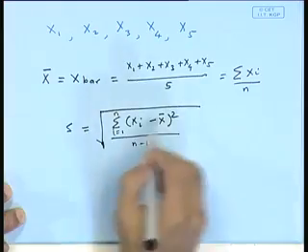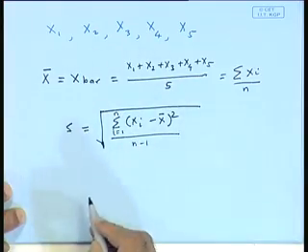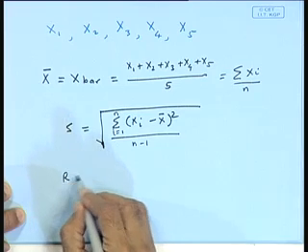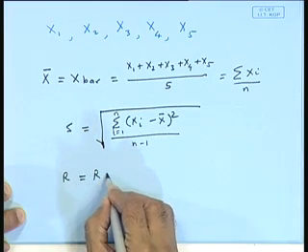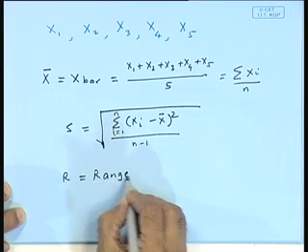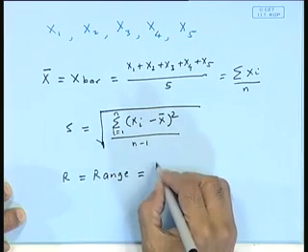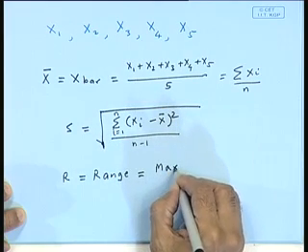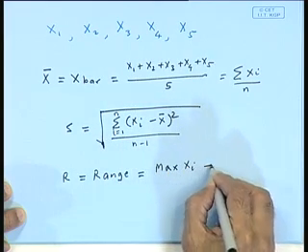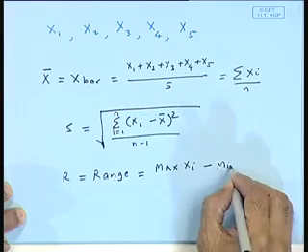There is another quantity which is not as complicated to calculate, and that is called the range R. R is the same as range. And what is this? This is equal to max xi minus min xi.